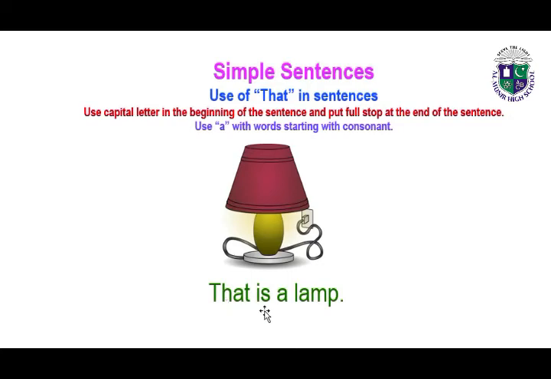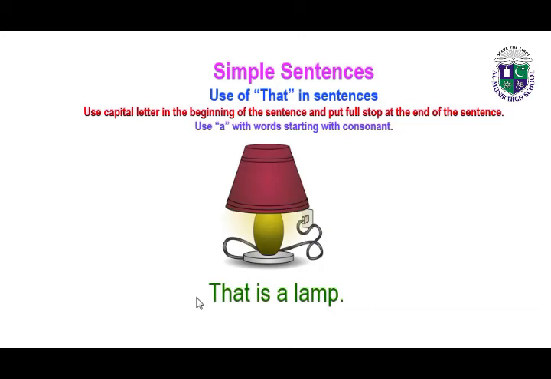That is a lamp. So remember, students, when the word starts with a consonant, we write a. So the sentence is, that is a lamp. Read after me: That is a lamp.